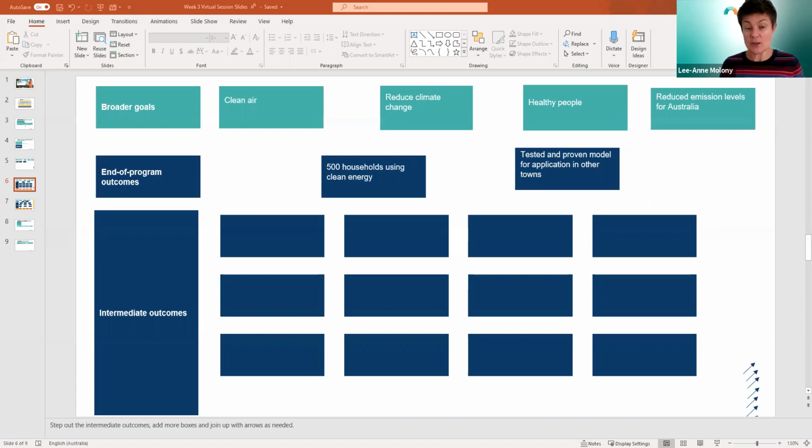How do we think about that? There's a few different ways. If you went through the training content, you would have seen that. We can do brainstorming. We can say, okay, what needs to happen in order for 500 households to be using clean energy? We can brainstorm it and rearrange our thinking in order to create these outcomes pathways.